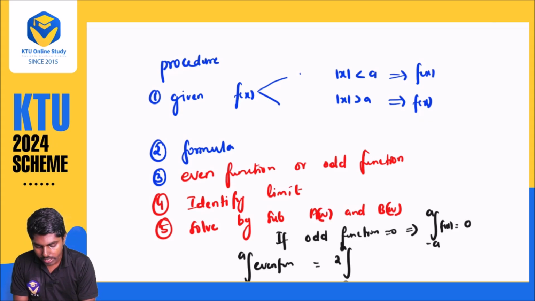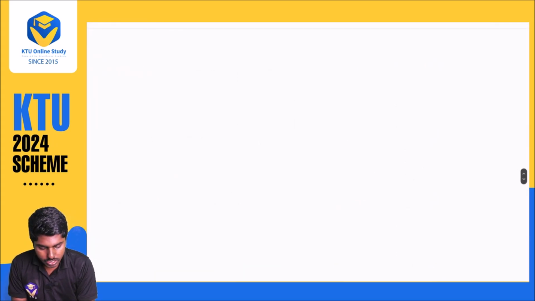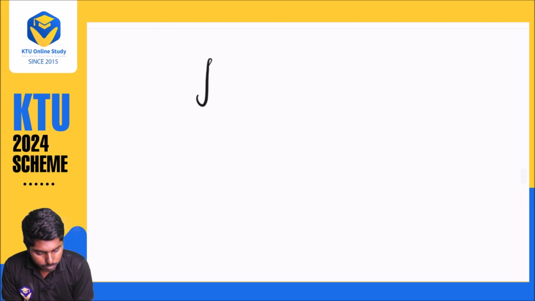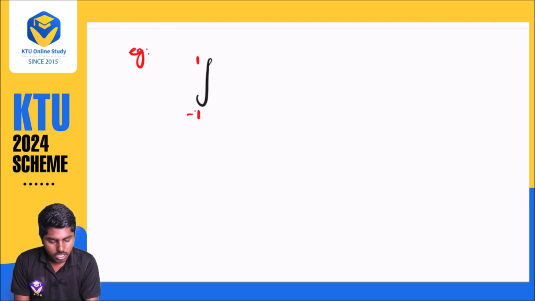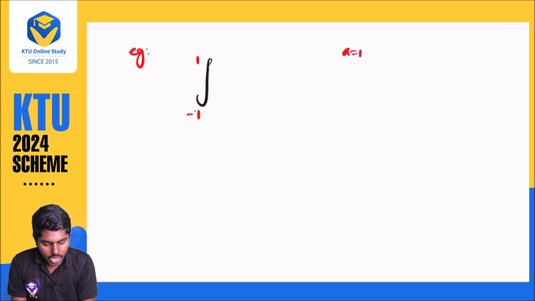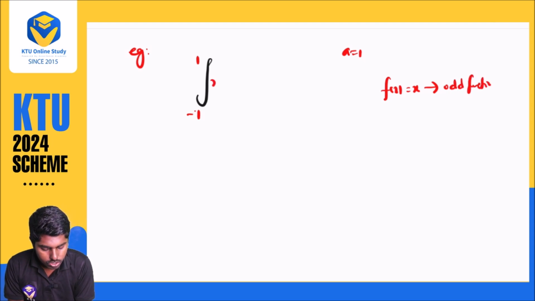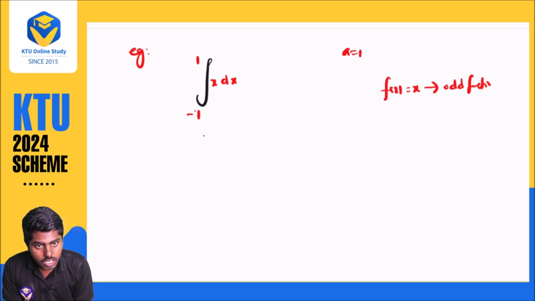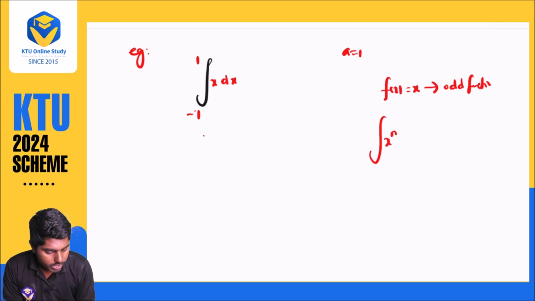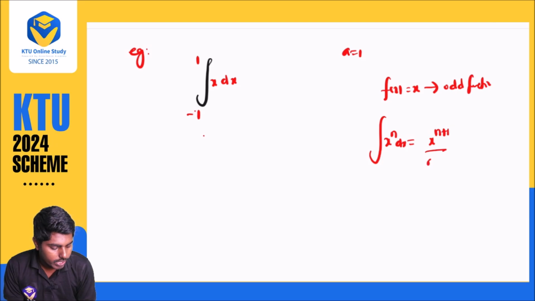Reason, if you want, I can explain. For example, I am giving the limit minus 1 to 1, a equal to 1. And we know f of x equal to x is an odd function. So integral of x dx. Just observe, it will become 0 only. Integration of x power n dx is x power n plus 1 divided by n plus 1.